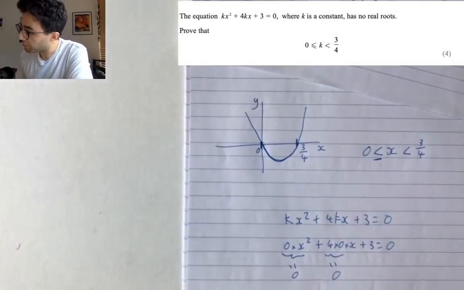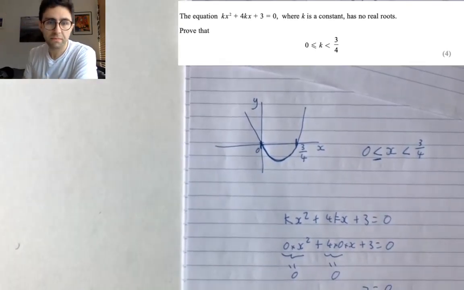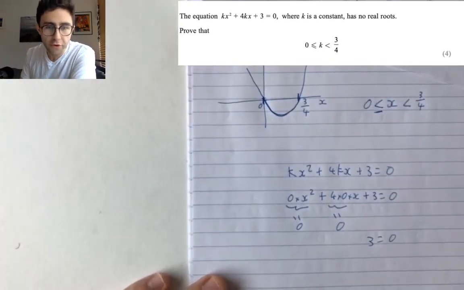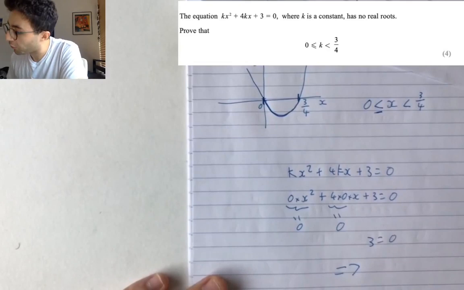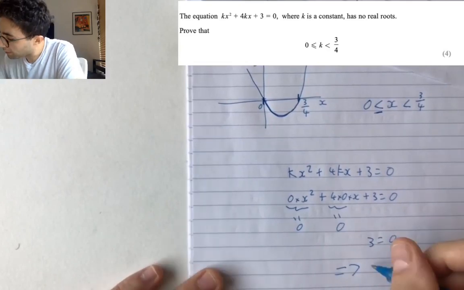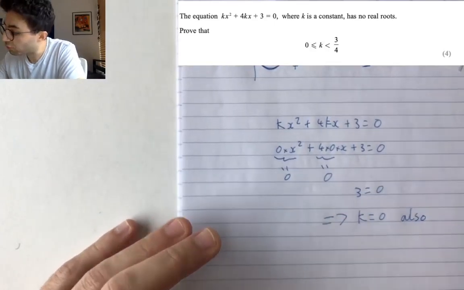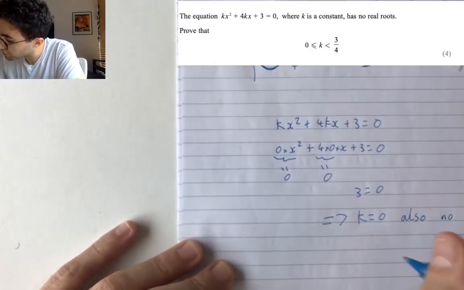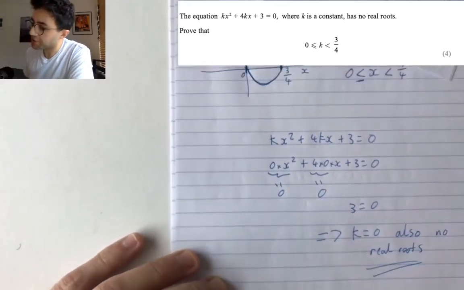So you end up with 3 equals 0. Just gobbledygook. So you'd say something like, well, therefore k equals 0 also gives no real roots, because there's no solutions.